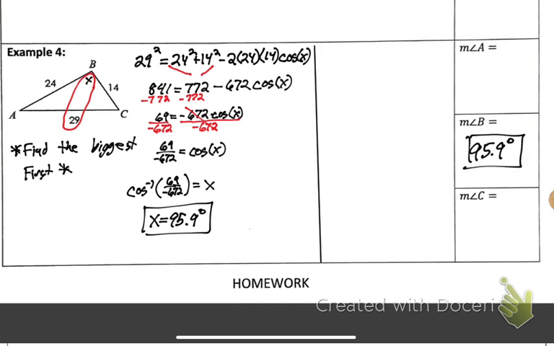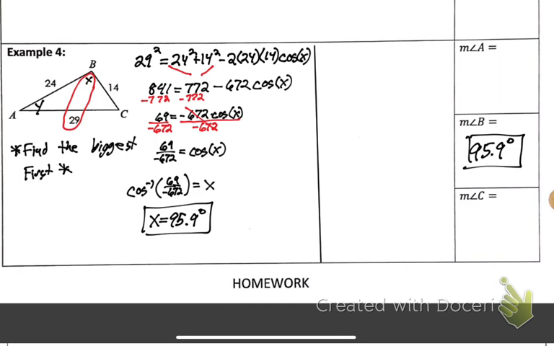Now, I will tell you, you could use the law of cosines again to find another angle. Well, let's go ahead and point out that angle. I picked A. You could have picked C, doesn't matter at this stage. I picked A to find next. Now, we could use law of cosines, but could I use law of sines to find Y?